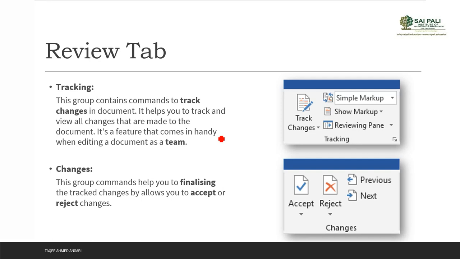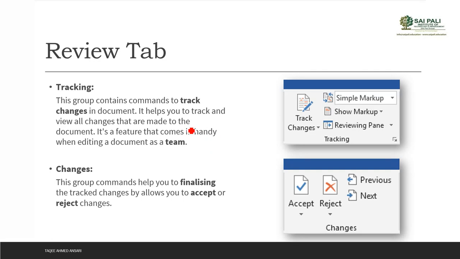Suppose you're working on a collaboration document, right? I'm the author of the document and I'm creating it, and my document is reviewed by some other people. If they feel something is wrong, there is an option to put a comment.